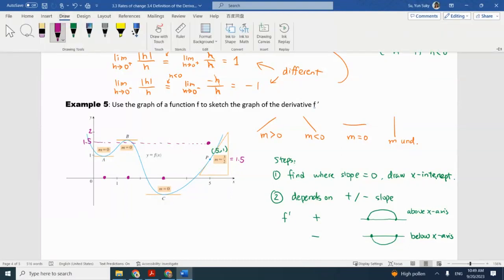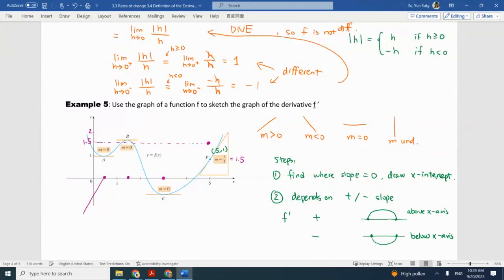Okay, so that piece we know slope is negative. That's why we know it's below the x-axis. How about here? The slope is what? Positive. Then it's above or below? So positive above, right? Above x-axis. So you connect those 2 points above.